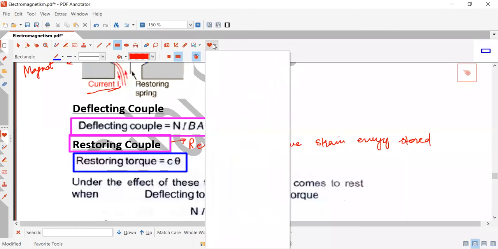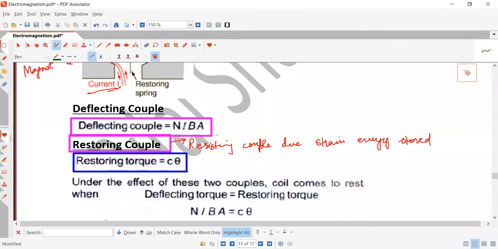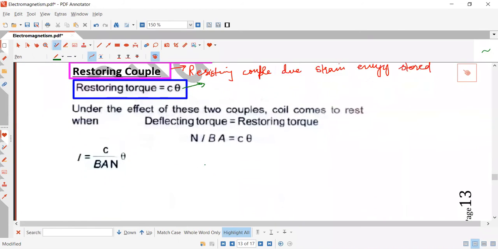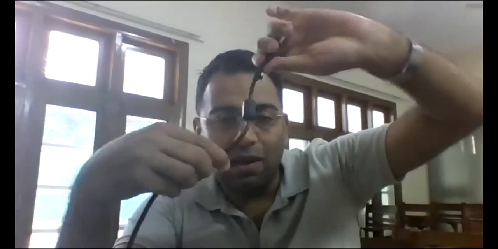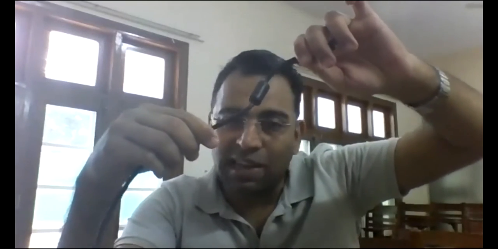Now you would be asking about it because you must have some background about it. Students, theta is the angle of deflection. Have I written it? No, I haven't, so let me write it. This is the angle of deflection. What is meant by angle of deflection? Let me again switch on the video. Okay, students. If I twist this wire less, it's going to resist less.